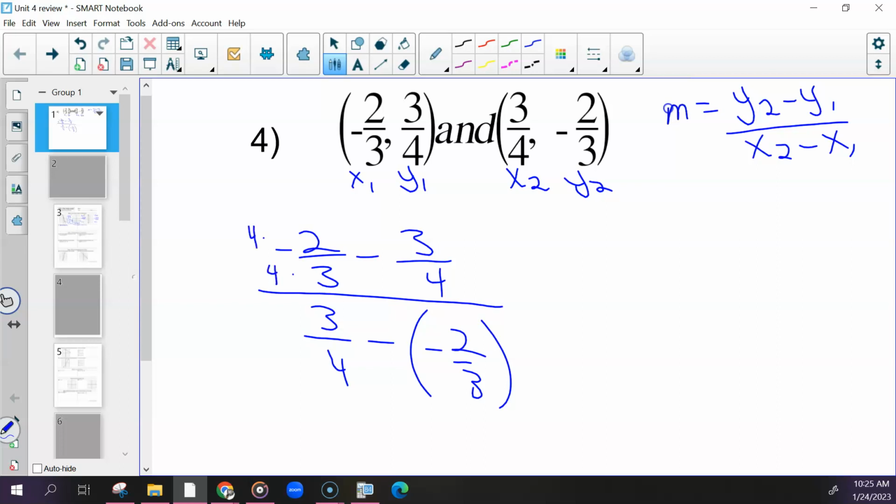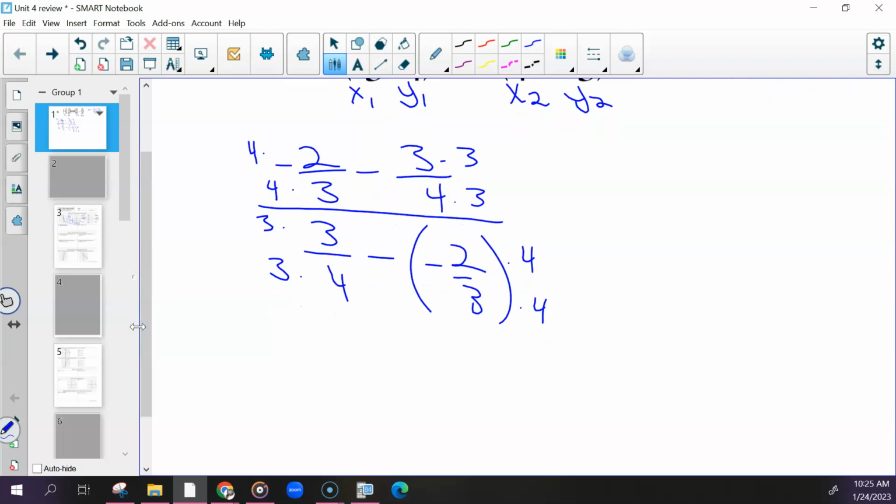Multiply by 4, multiply by 3. That was backwards. So that would become 8 over 12 minus 9 over 12 all over 9 over 12. You can either leave it as minus minus or put plus.